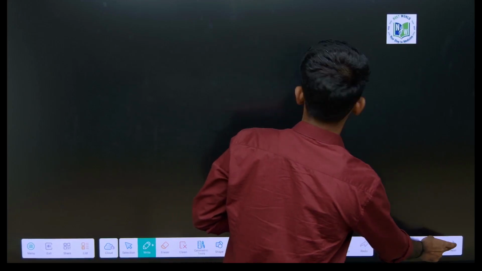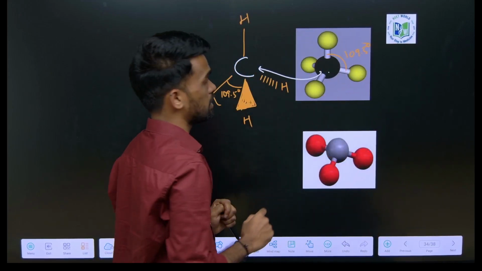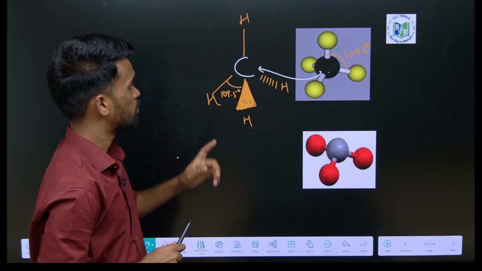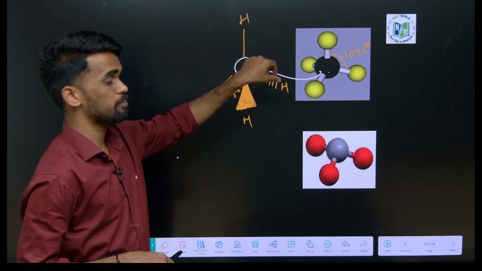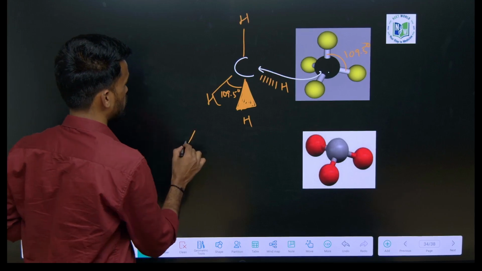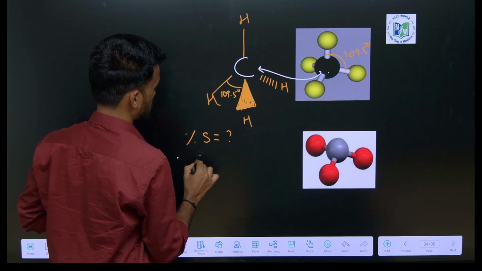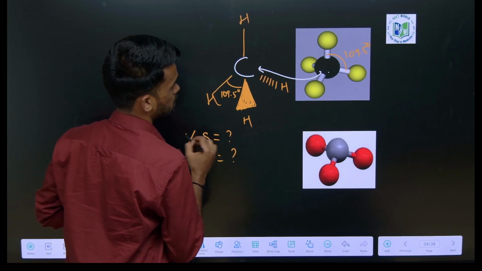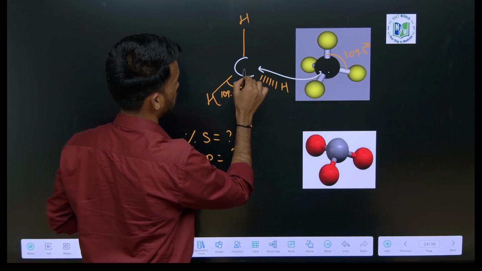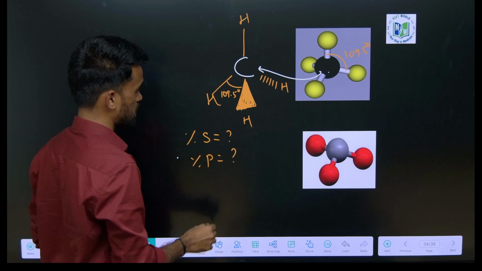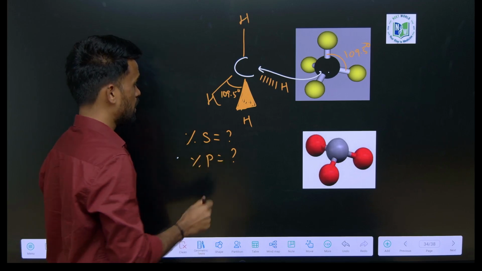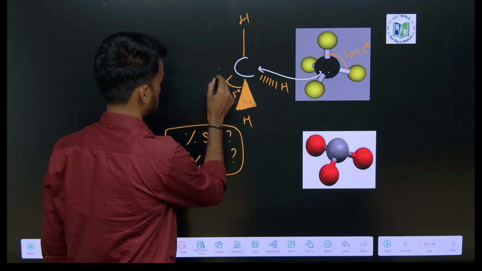Okay, here I have also explained sp3 hybridization by taking the methane molecule. Now what is the percentage of s and what is the percentage of p in sp3 hybridization? I just wanted to know from your side.